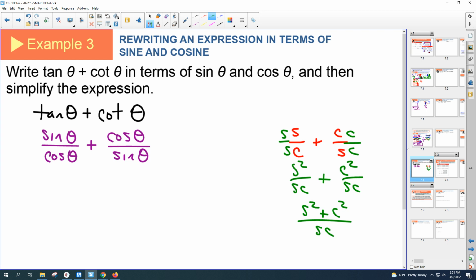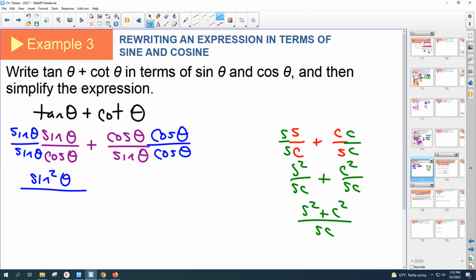If you can't see it, then you're going to struggle. All right? So, looking at this problem, I'm going to do the exact same thing. This one over here needs a sine theta, so I multiply by 1. And this one over here needs a cosine theta, so I multiply this one by 1. It's not a square. Sine squared theta on the top over sine theta cosine theta.